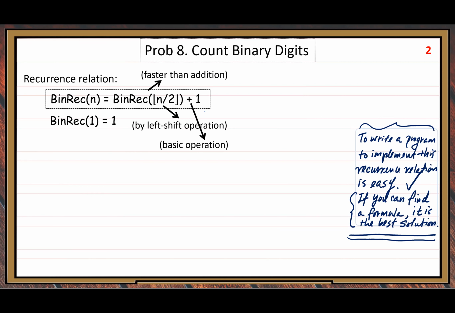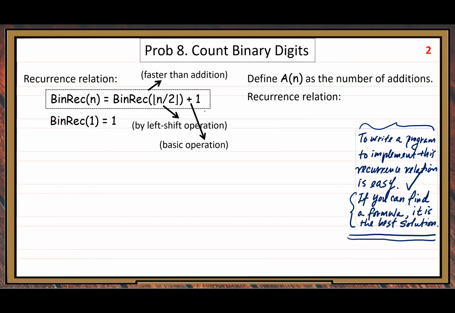Slower means it takes more execution time. So we like to focus on the slower part, the costly part, addition. Here, let us use a function a of n to represent the number of additions when we do the calculation.